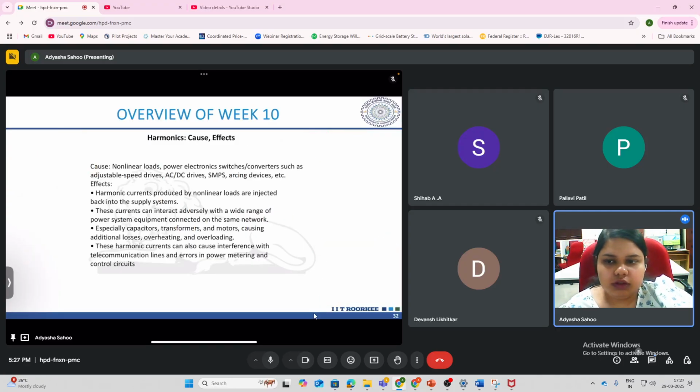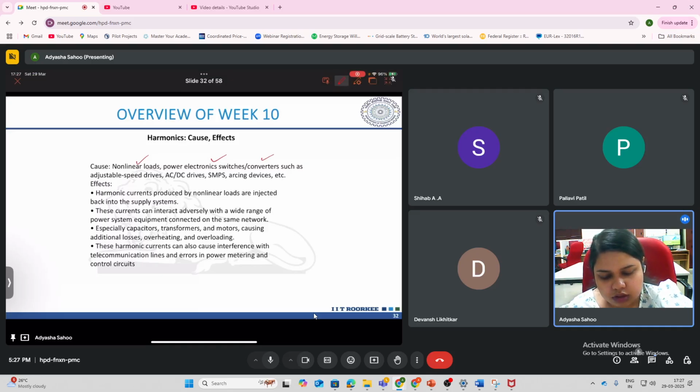Now, lastly, we will see that introducing nonlinear loads and various electronic components introduces various harmonics into the current and voltage waveforms. The sources are your nonlinear loads, power electronic switches, and converters. And what are the effects? Due to these nonlinear loads, harmonics are injected back to the supply side.